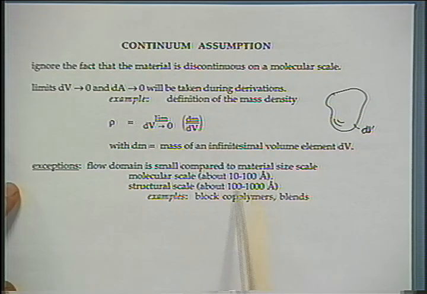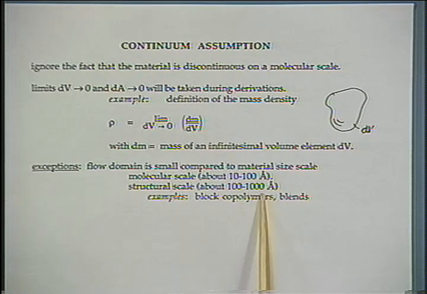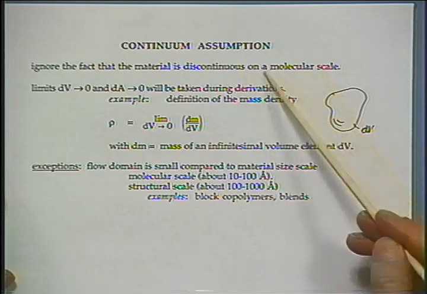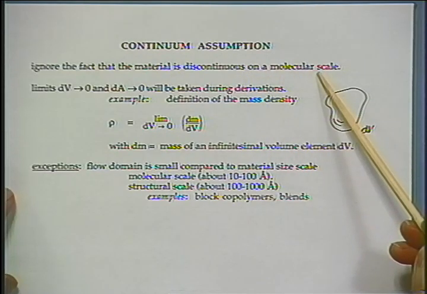Now, those scales might be achieved in experimental conditions, and our flow channel might be small enough that you violate the continuum assumption. So we have to be very careful, and we have to come back to the continuum assumption when talking about multi-phase systems. Even a macromolecule is in the order of 100 angstrom in size. So our flow channel might be very small, and we might violate this continuity assumption.